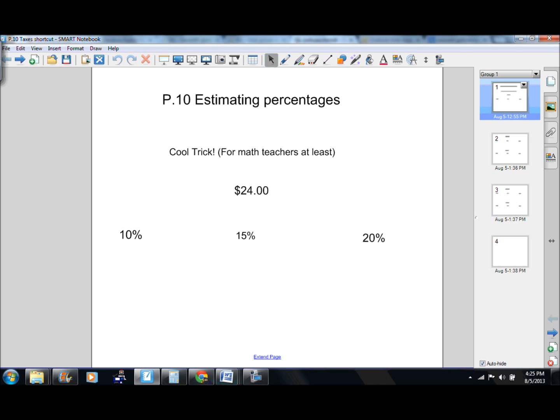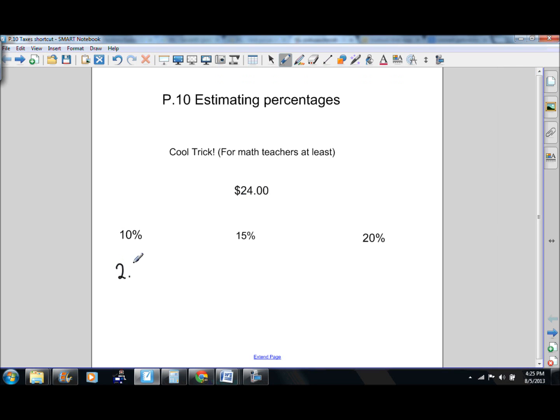If we're dealing with a number like $24 and we want to know 10% of that, which is actually pretty easy, we just have to move the decimal 1 to the left, which becomes 2.40. Now, if you wanted to discover 20% of that, that's just double whatever this number was, which is 4.80.